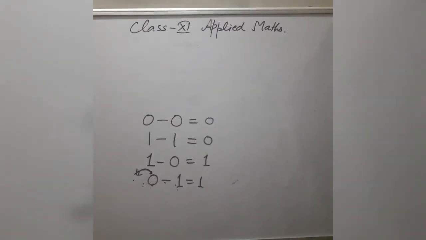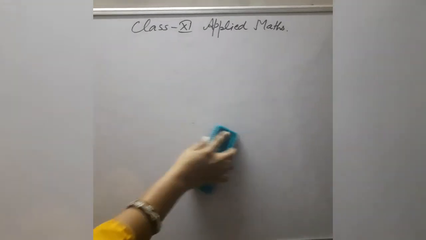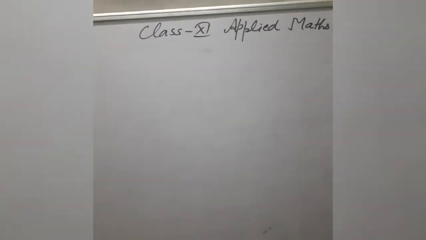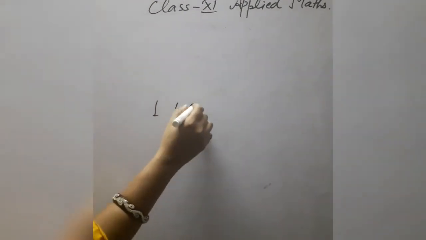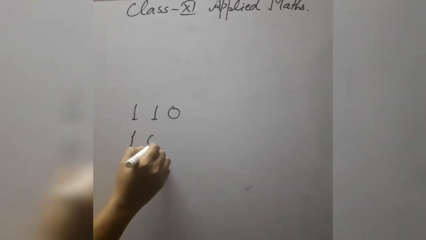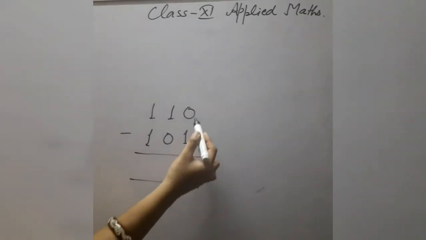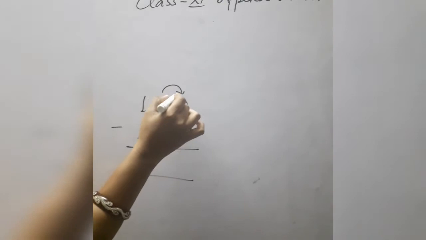So now see, clear it with one example of subtraction of two binary numbers. Suppose you want to subtract 1 0 1 from 1 1 0. Now in case of subtraction you cannot subtract 1 from 0, that's why you will take 1 borrow from here.